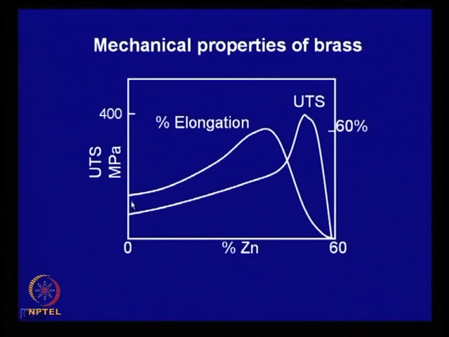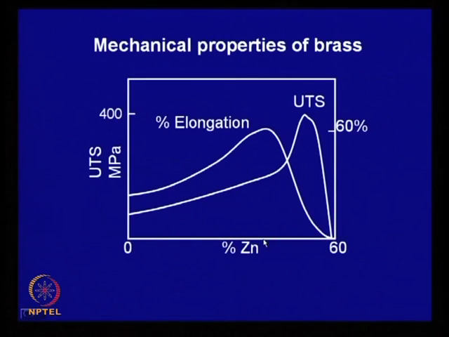If you look at the mechanical properties of brass, as you add zinc, you will find that UTS goes on increasing and somewhere here it becomes maximum and then it drops down, and elongation, ductility, also increases up to a certain point and then it drops down, and you get an optimum property around 30% of zinc.